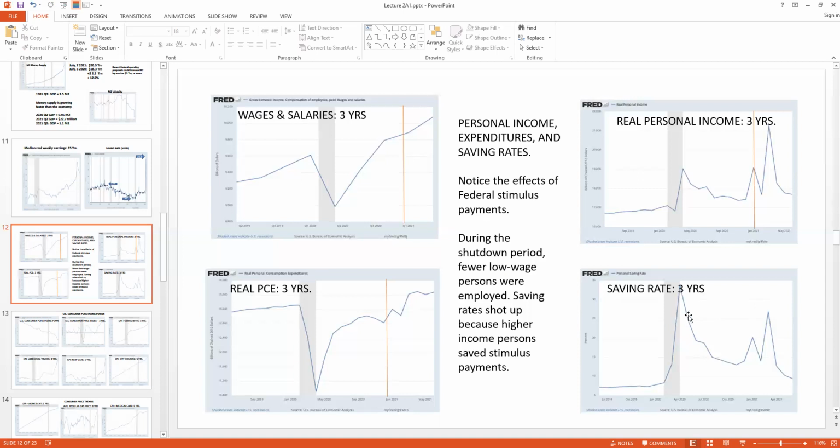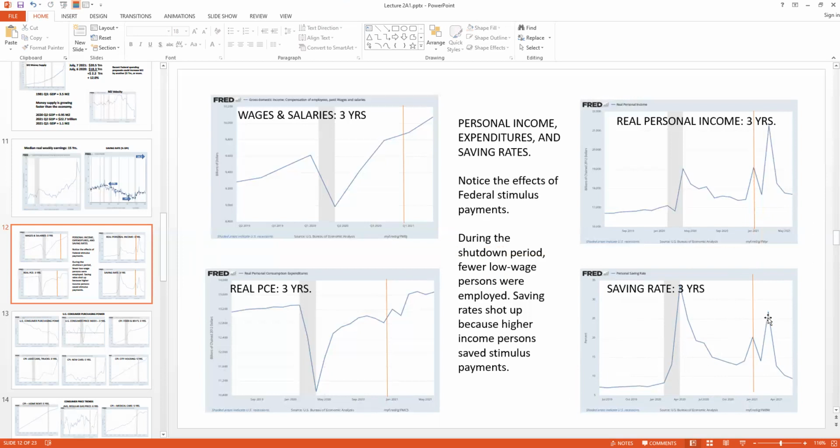And finally, simply another version of the saving rate. And you can see that the saving rate, here, I'll make another copy and bring it down, there we go. So you can see that the saving rate shot up just as it did in that last slide, where we had a graph of the saving rate, and you may recall that spike due to stimulus payments.